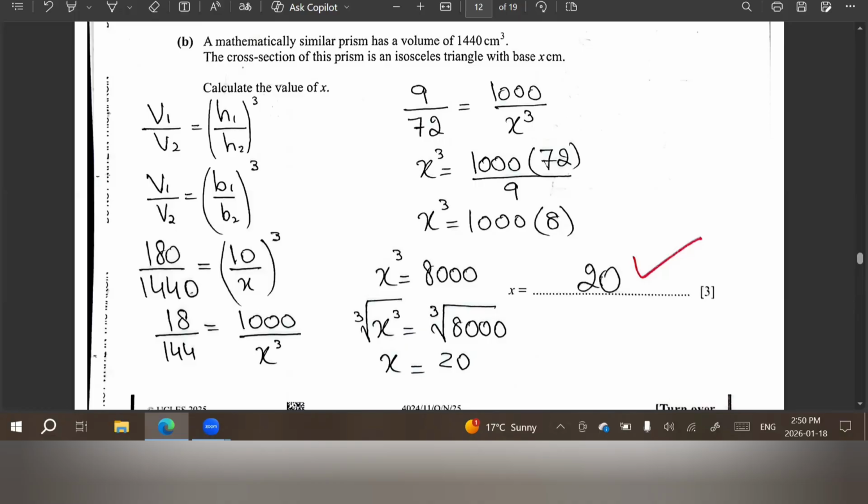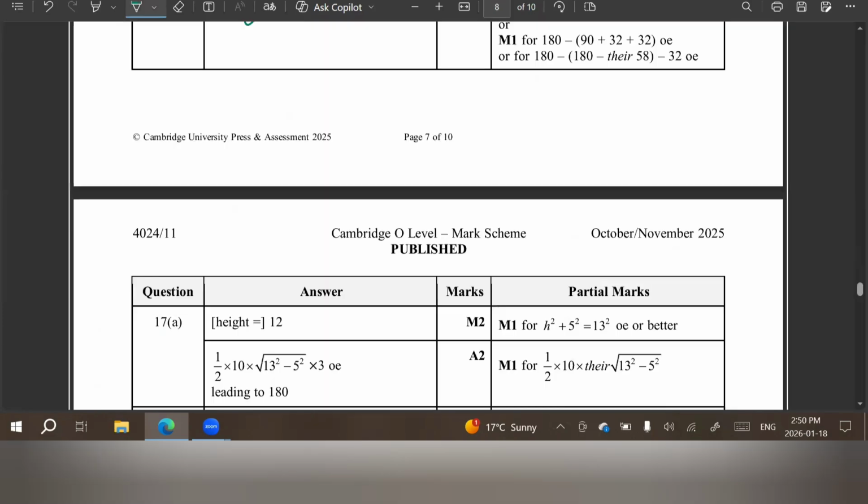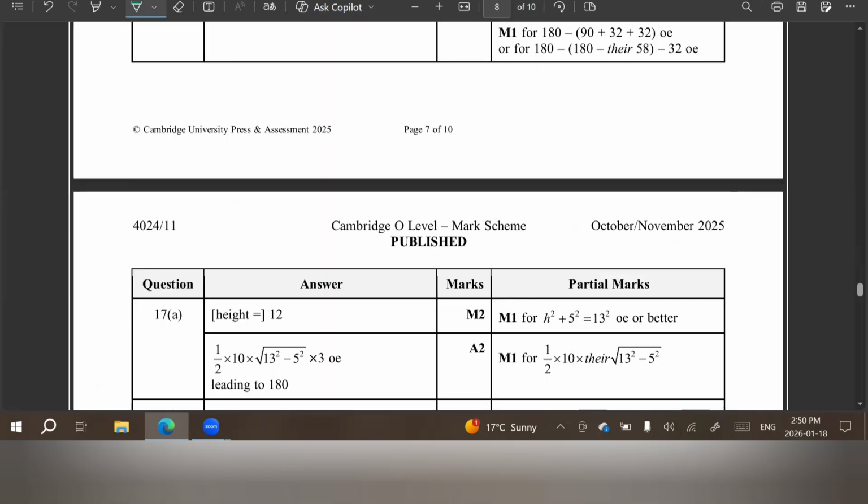So x will be equal to 20. So the base of this second prism will be 20. You can see here my answer is right, sir.